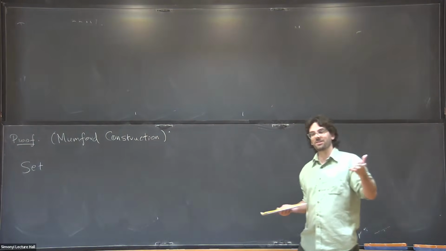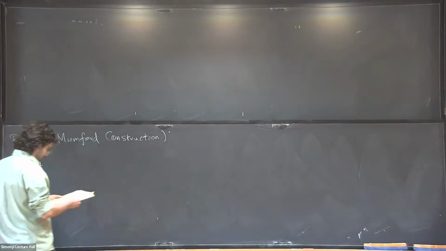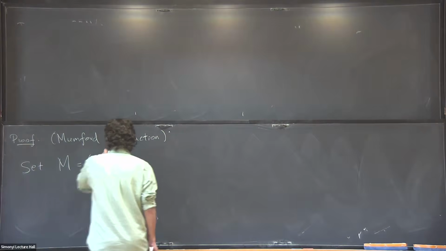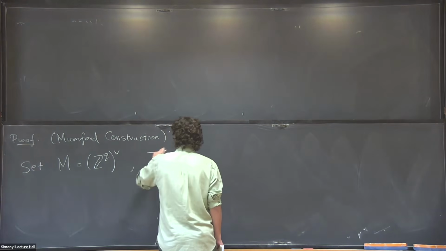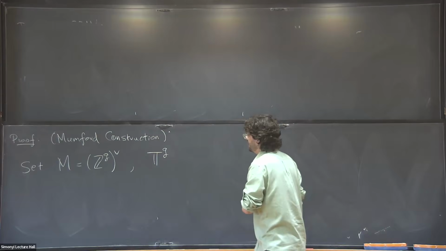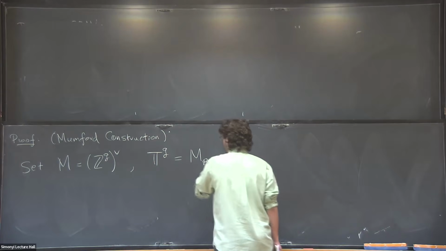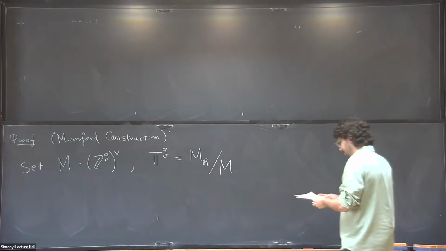R is a regular matroid on k elements in Z^g. So let's set M to be the dual lattice of Z^g, and then we'll take a torus T_g to be this dual lattice tensored with R mod the dual lattice.